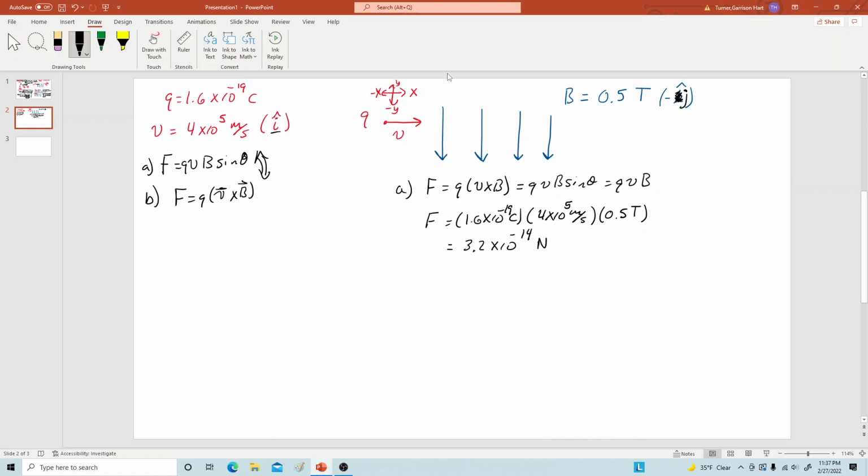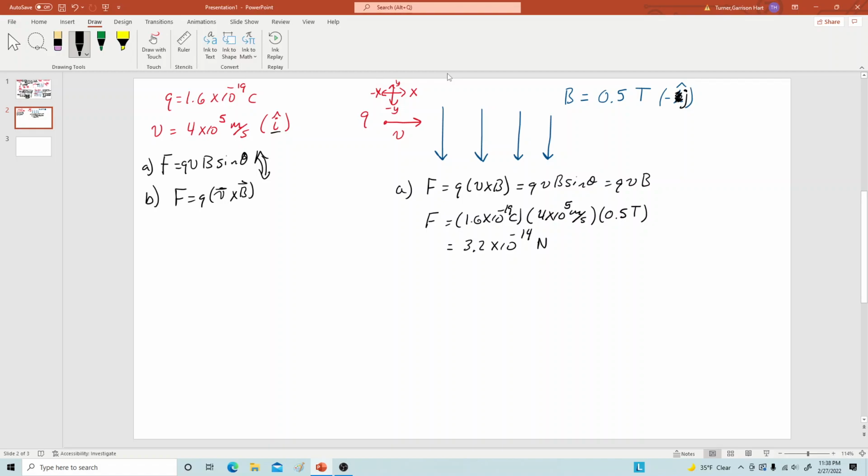So the acceleration the proton experiences is huge. Injecting a single proton into a 0.5 Tesla magnetic field is immense. The acceleration the proton would feel is absolutely immense.